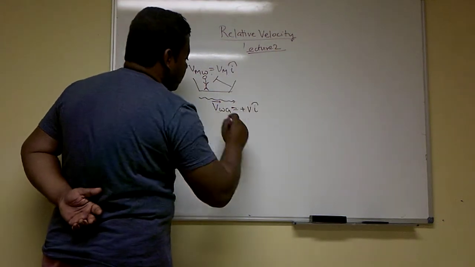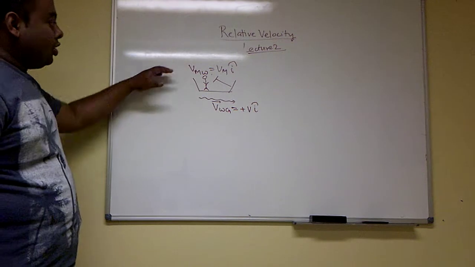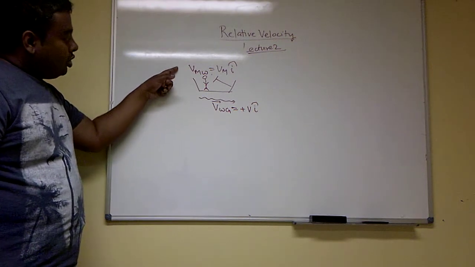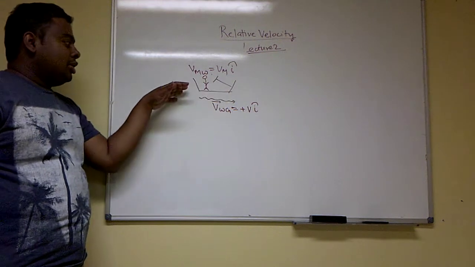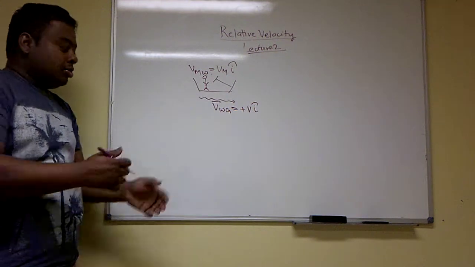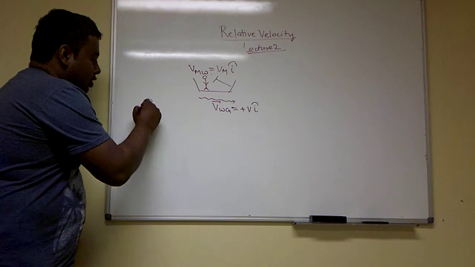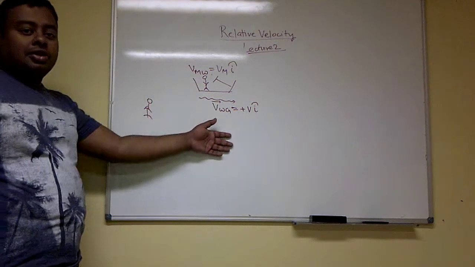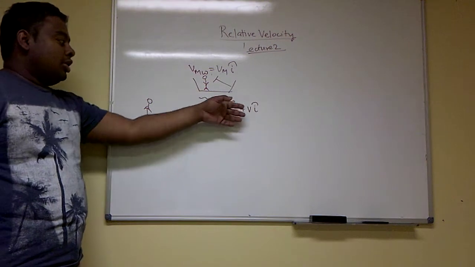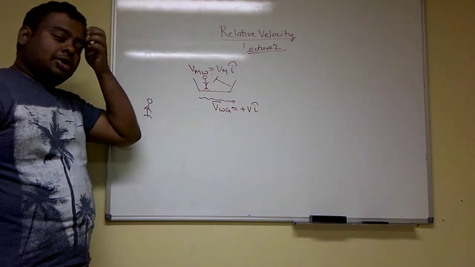This is Vm i cap and this is plus v i cap. So the velocity of the motorboat with respect to water is Vm i cap, and the velocity of water with respect to a ground observer on the river banks is plus v i cap.